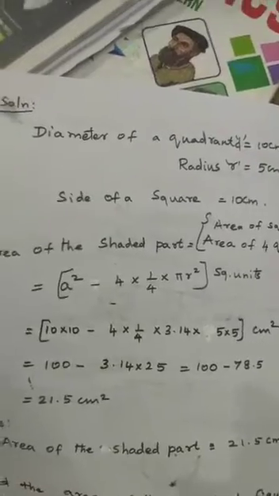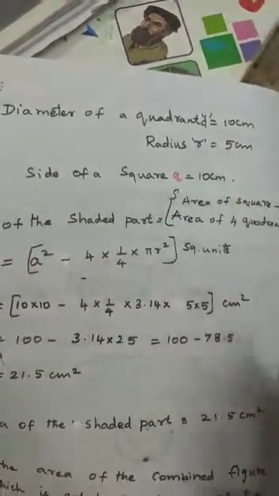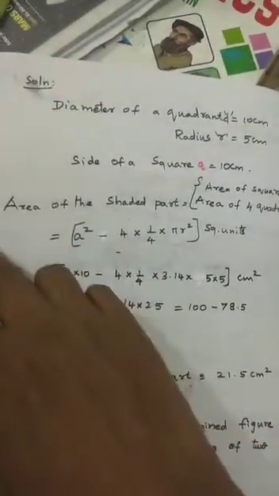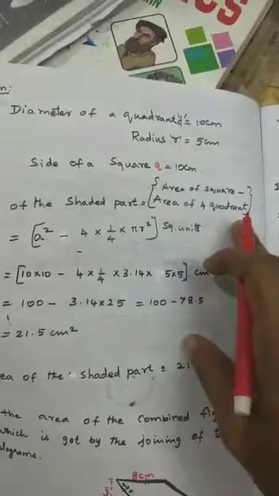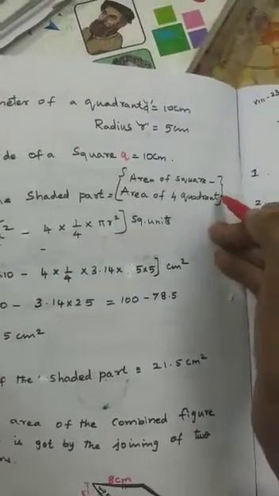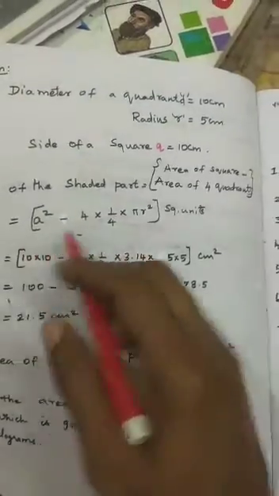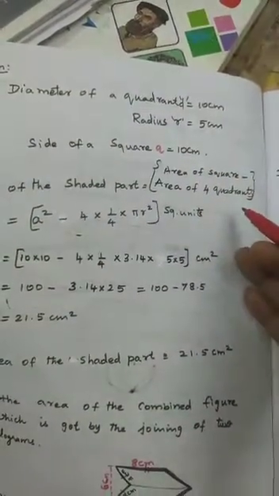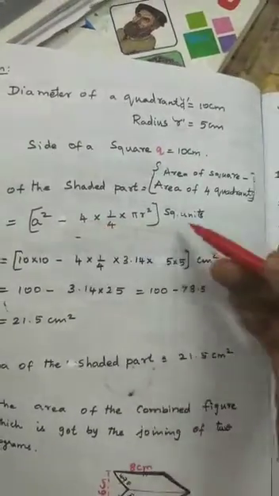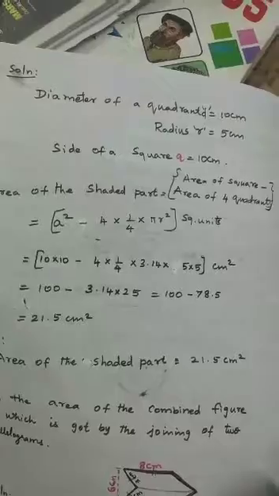Radius is 5 centimeter. Side of a square A is equal to 10 centimeter. Then area of the shaded part is equal to area of the square minus area of 4 quadrants. Area of 4 quadrants is 4 into 1 by 4 into pi r square.